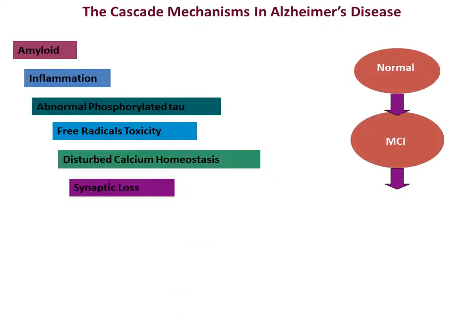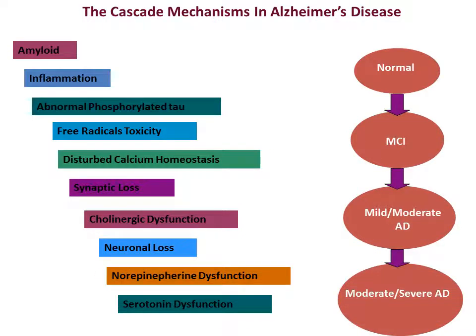In this slide, we will talk about the cascade of events or mechanism in Alzheimer's disease, from normal to mild cognitive impairment, to mild or moderate Alzheimer's, then moderate to severe Alzheimer's. Initially, there is amyloid deposition, then inflammation. At this stage the patient may be asymptomatic.